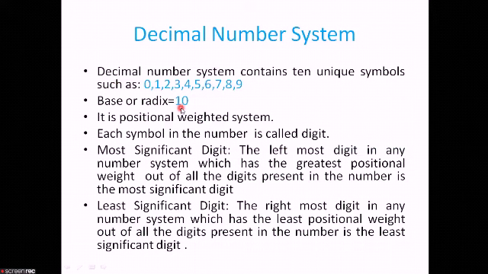Now there is no symbol for its base. Suppose a number is given, 21, and nothing is given for the base. Then you will consider that the number is a decimal number.